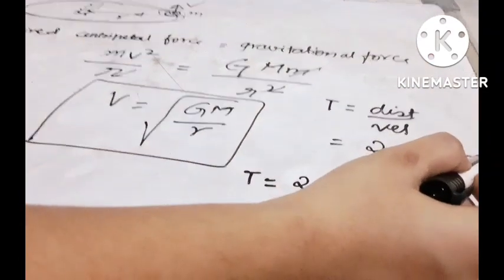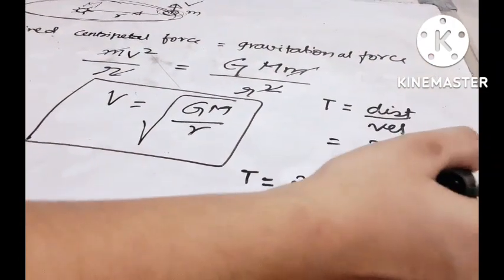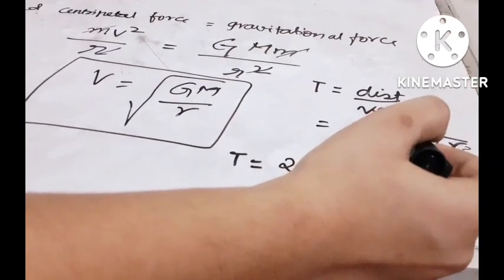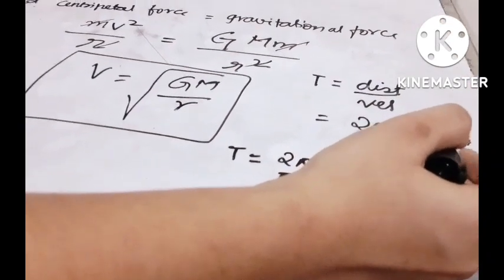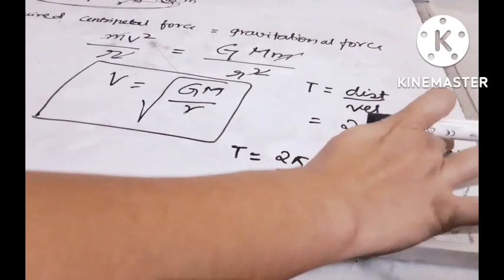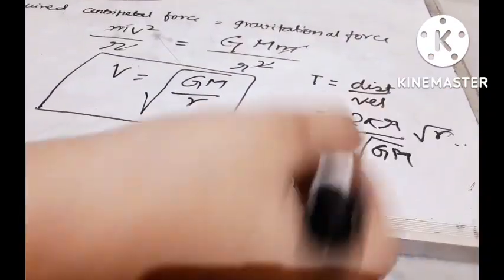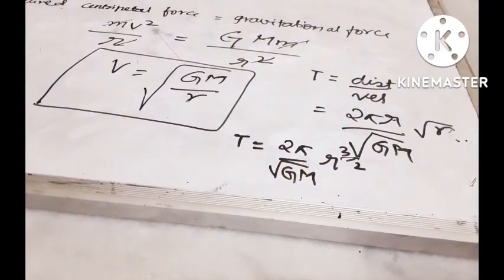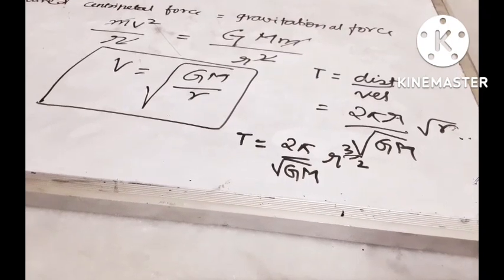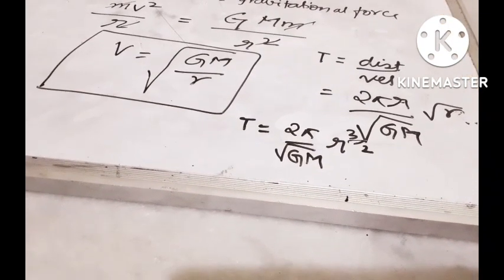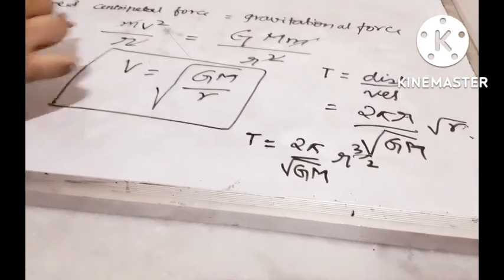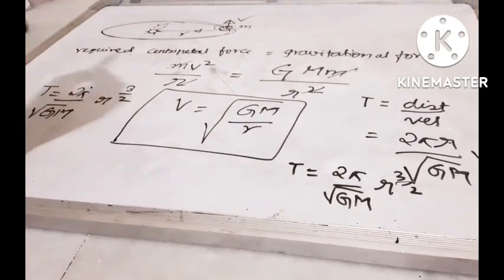I will take this r inside the square root as a square, so it will become cube, so you will get time is equal to 2 pi upon under root GM and r to the power 3 by 2.